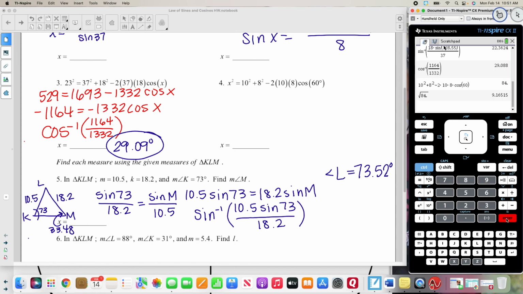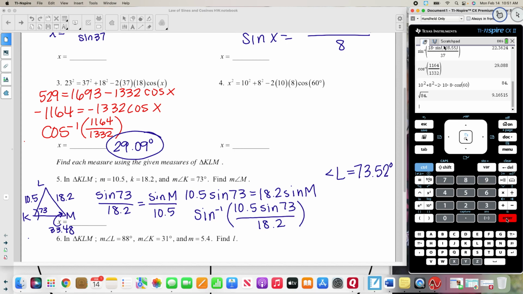Let's now go to one where you've got to determine whether you are using law of sines or law of cosines. So at the top, we were just practicing putting it in the calculator. And on the quiz and the test, I'm not going to say to you, we're going to use law of sines for this. You have to determine what you're going to use.